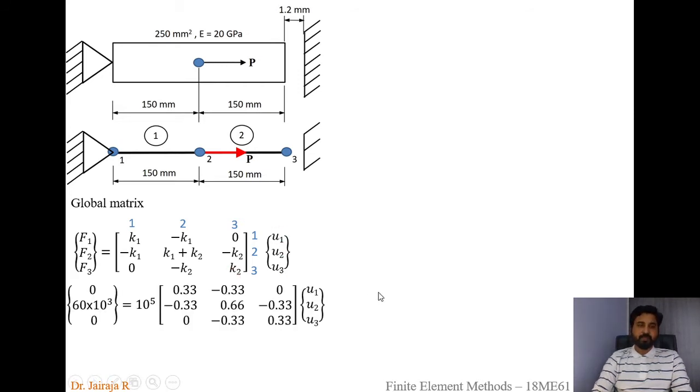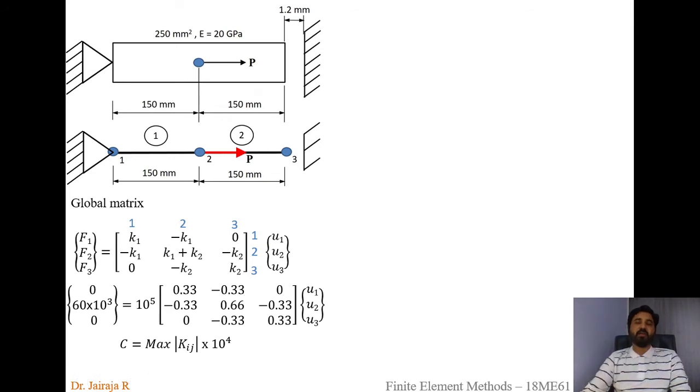Now we need to substitute the values of K1, K2 and force. At node 1 no force is acting, so 0. At node 2 the force is 60 kilonewton, that is 60 into 10 raised to 3. At node 3 no load is acting, so 0. And here the stiffness values are substituted.